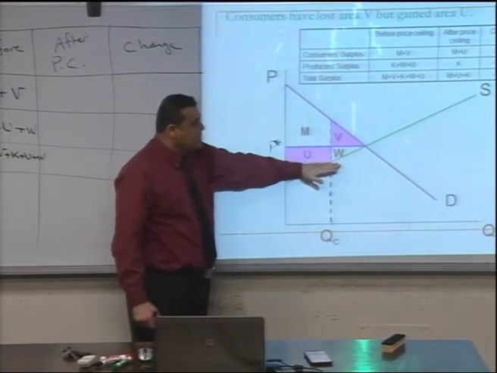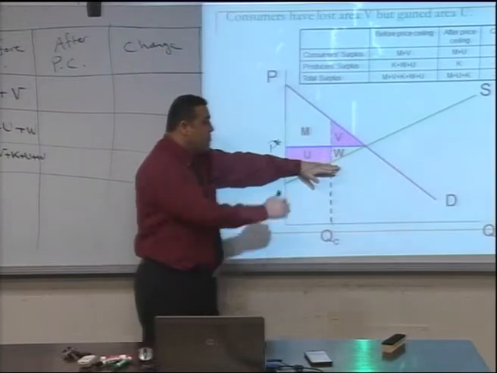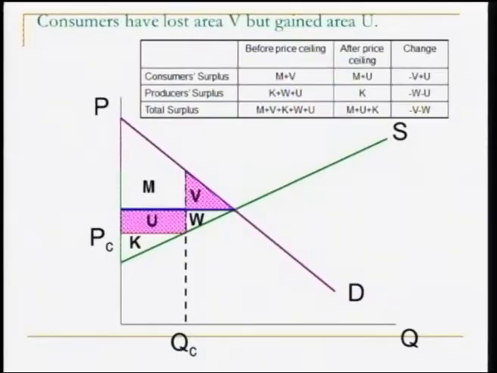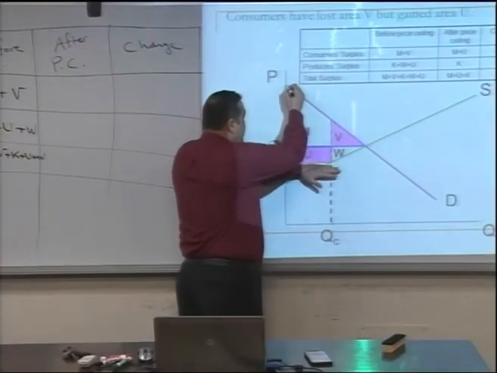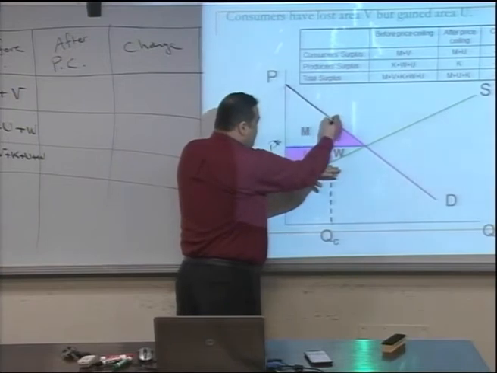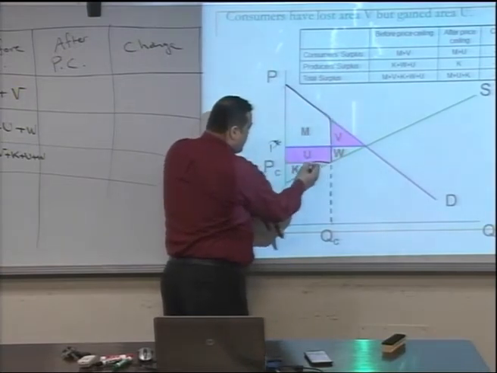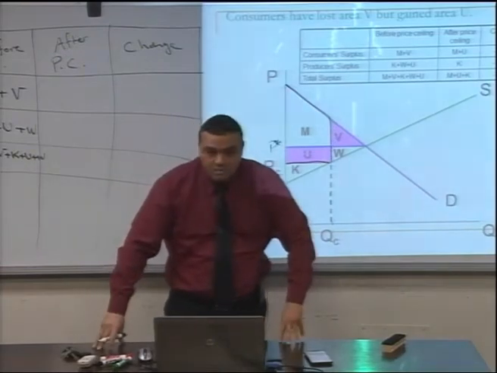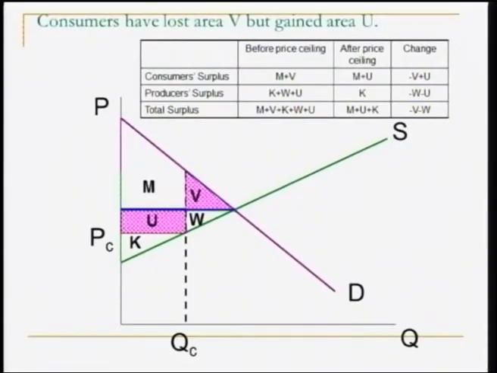The consumer surplus is the area above the price and below the demand curve. So where is the consumer surplus? It will be the area here below the demand curve and above the price. M and U. Alright? So the area here is M plus U.